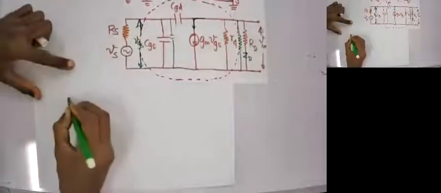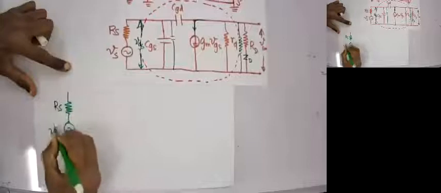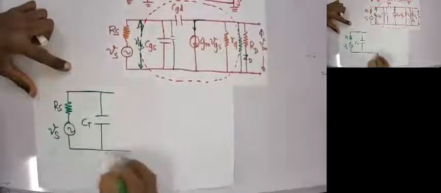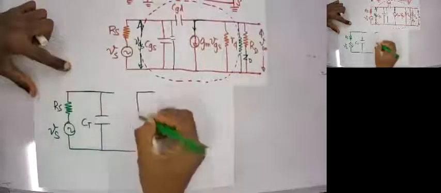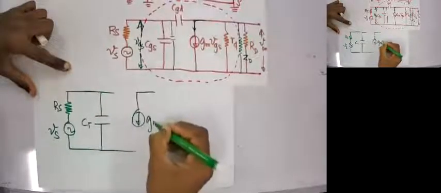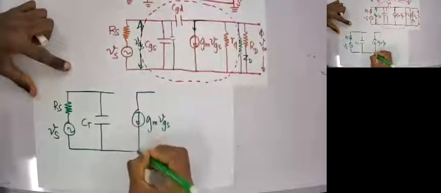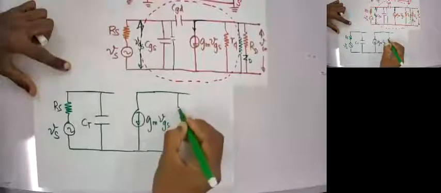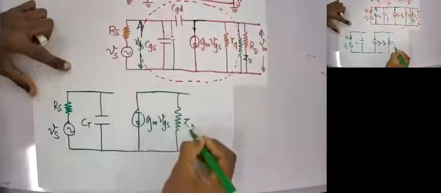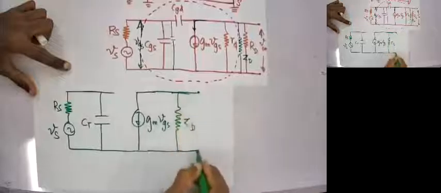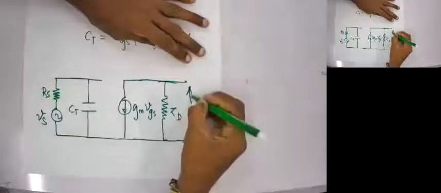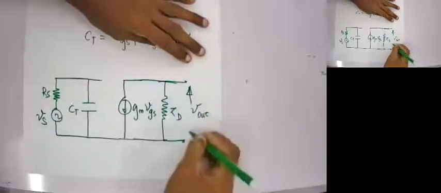I have my RS, VS, and then my capacitance CT, and of course there will be no capacitance here, and then GM into VGS, and this will be my ZT. Right, clear? So now this is my final circuit and this is my V out.